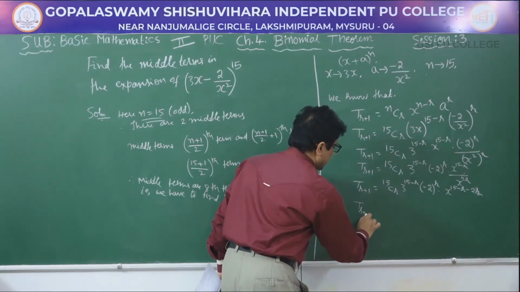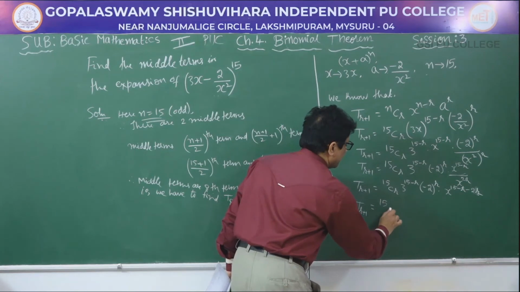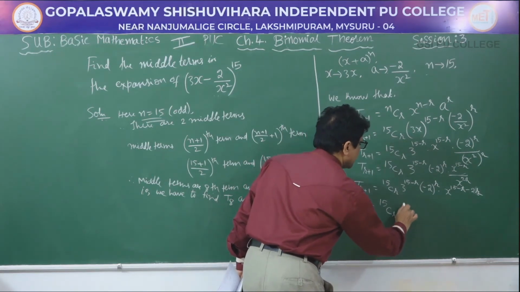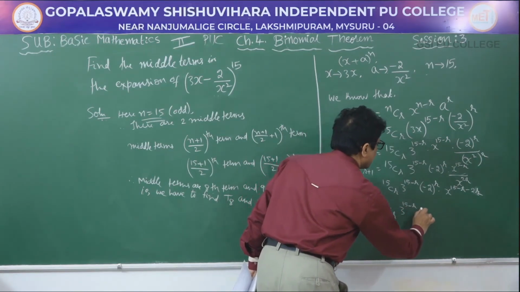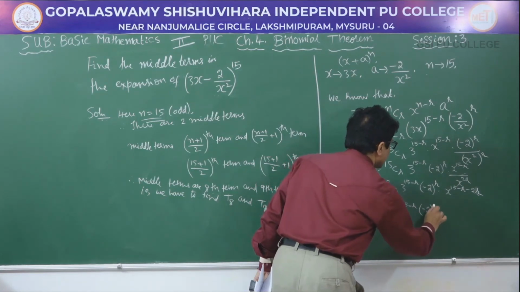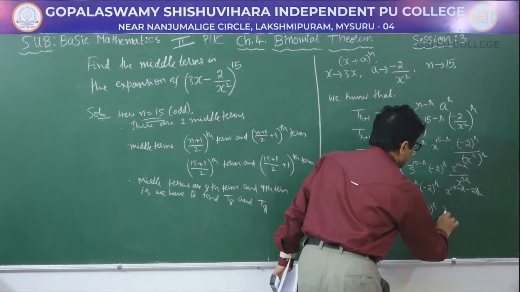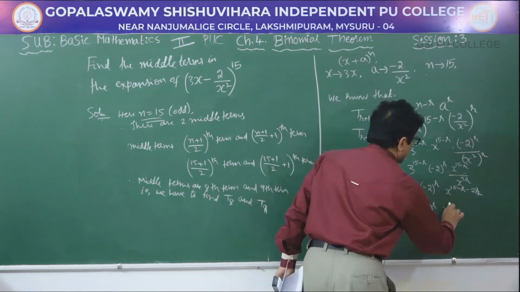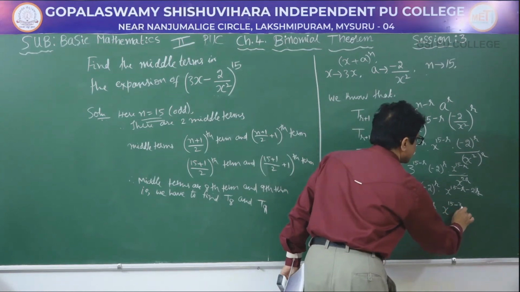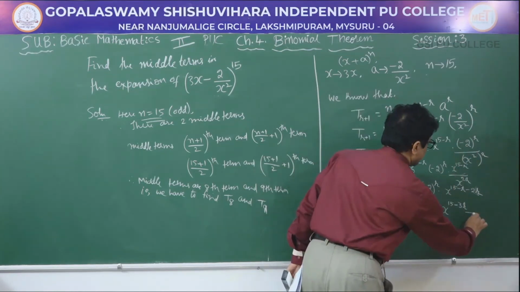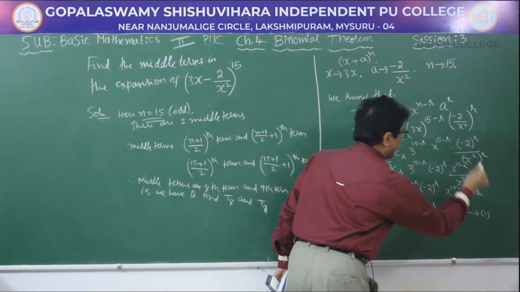So, T(r plus 1) is equal to 15Cr into 3 power 15 minus r into (minus 2) whole power r into x power 15 minus 3r. We call this one as 1.